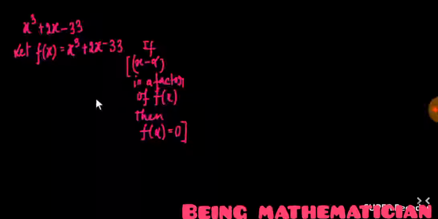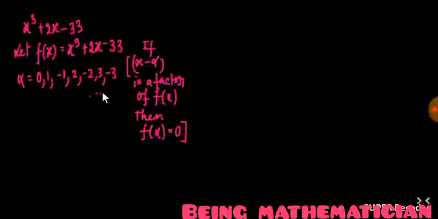So we should take alpha as 0, 1, minus 1, 2, minus 2, 3, minus 3, and so on, and test for which value we get f of alpha equal to 0.